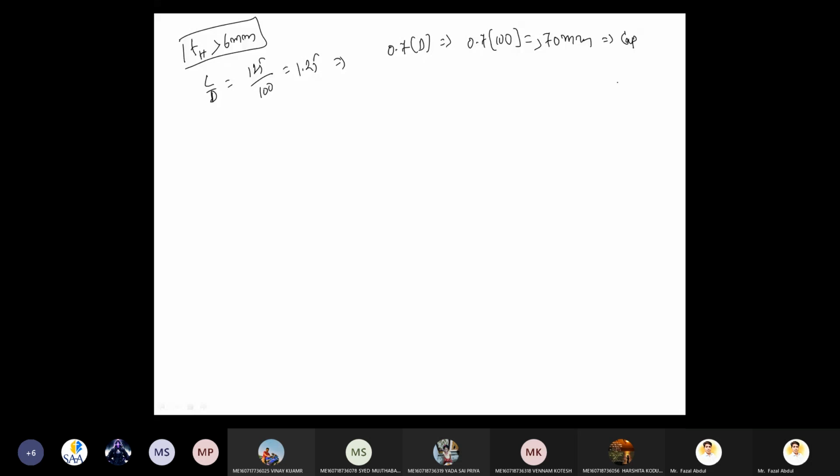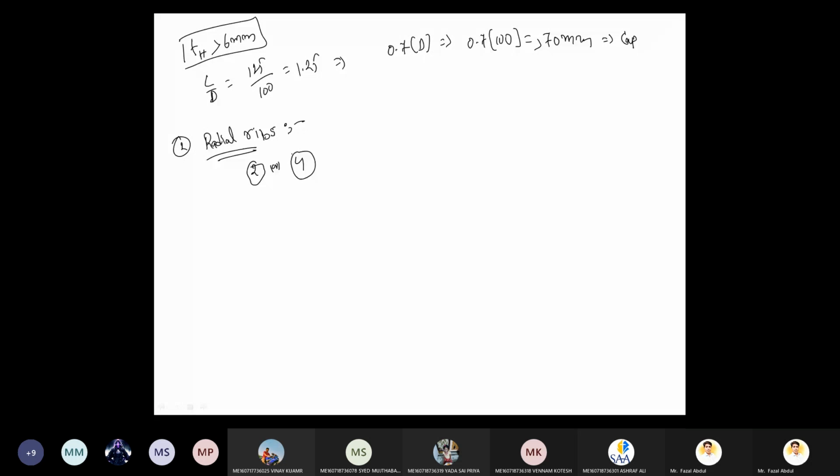Okay, now the second one is the radial ribs. This is the first point we completed. Now the second one is the radial ribs. The radial ribs may be 2 to 4. We can select 2 or we can select 4 ribs.